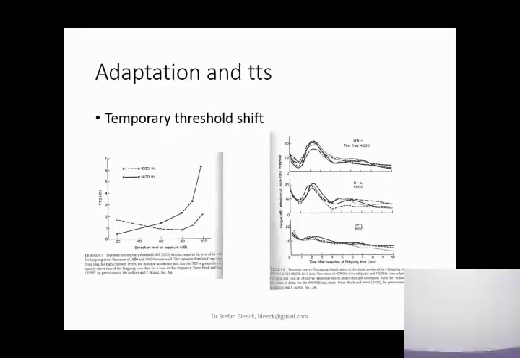So here's the one experiment. Let's talk about this 1000 Hertz tone. You listen to a 20 decibel 1000 Hertz tone for 3 minutes, and then you switch it off. Then you listen to it again and you run a little experiment on how good your discrimination threshold is.